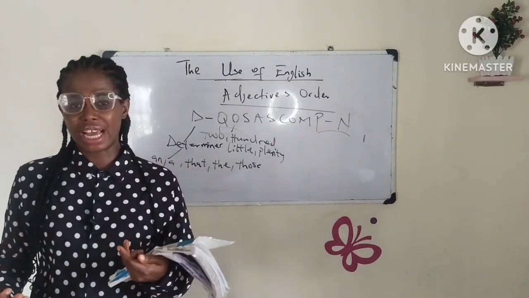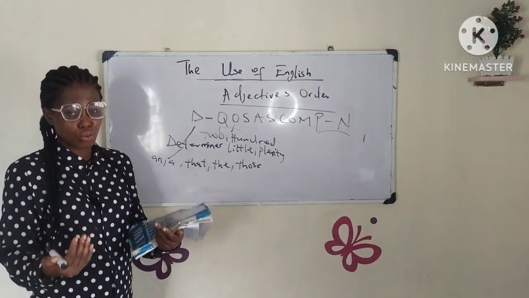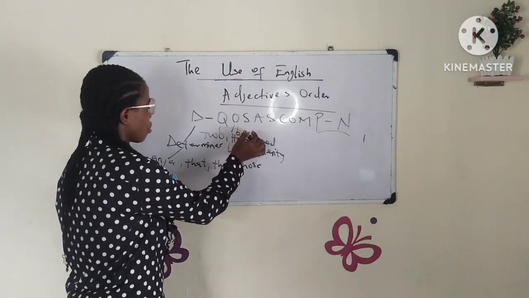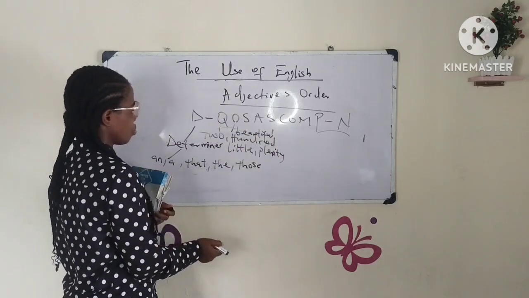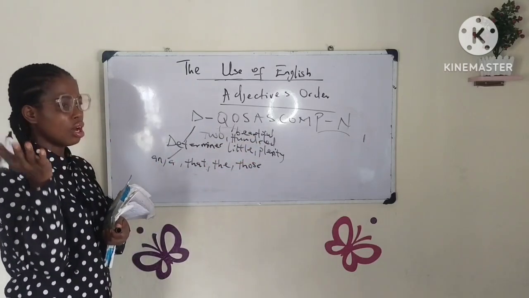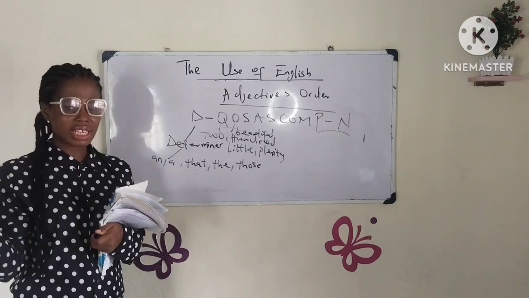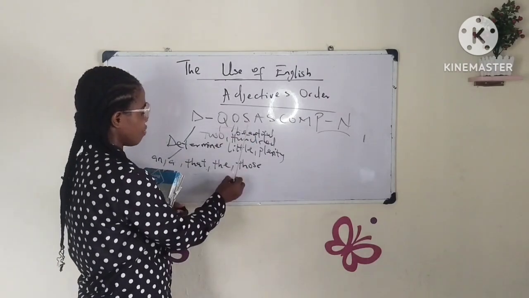So those words that are relative, words that express one's opinions, words like beautiful, ugly, boring, interesting, such words.